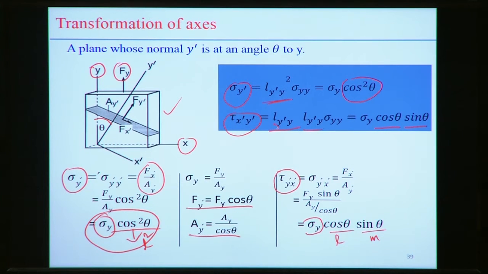It should be x dot y and y dot y, so it is not the same direction cosine. These are two different values of the direction cosine, cos theta and sin theta. So this is L y dot y, and this is L x dot y. This is how we can simply transform the stress state defined in one set of axis system into another set of axis system.